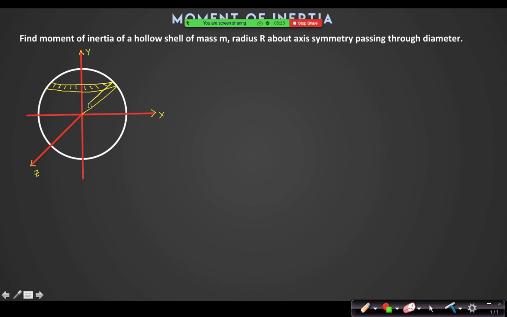which is at angular position theta from here and lies in between d theta. Can I take that ring? Yes or no?